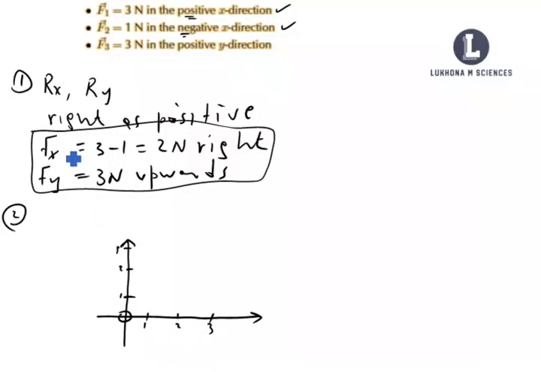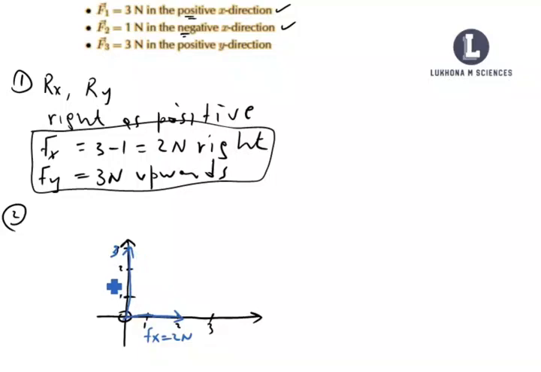Now let's represent this information on this graph. We have x, which is 2 units. That is Fx, which is equal to 2 newtons. Then we have y, which is 3 newtons, 1, 2, 3.